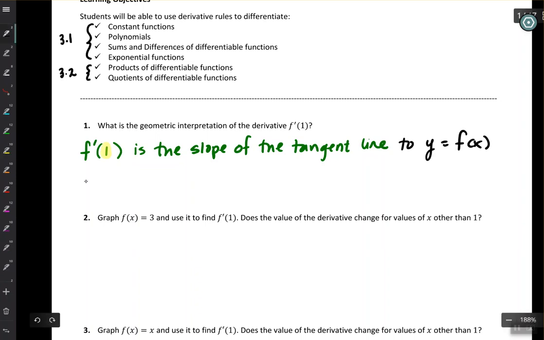So you could say at the point 1, comma, go find y, f of 1.